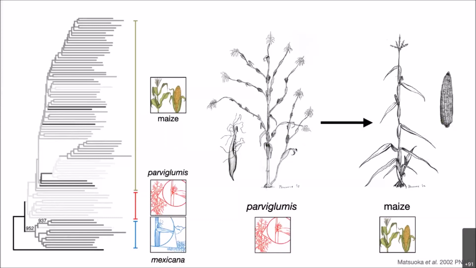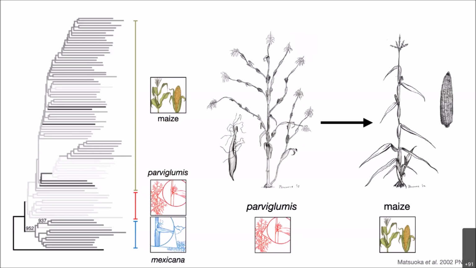So John, in the early 2000s, used hundreds of microsatellites and genotyped a number of maize and teosinte, and built the tree shown on the left, and found that all of modern maize groups as a single clade nested within Parviglumis, arguing pretty decisively that maize originated directly from subspecies Parviglumis and that there was a single origin of modern maize.